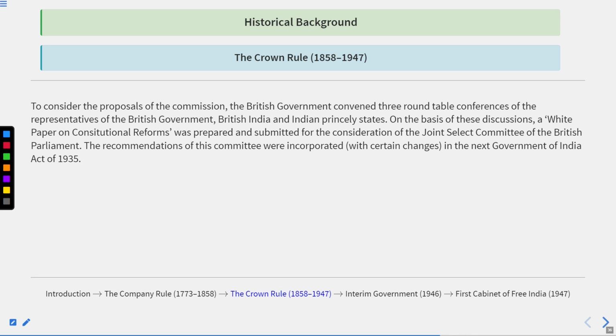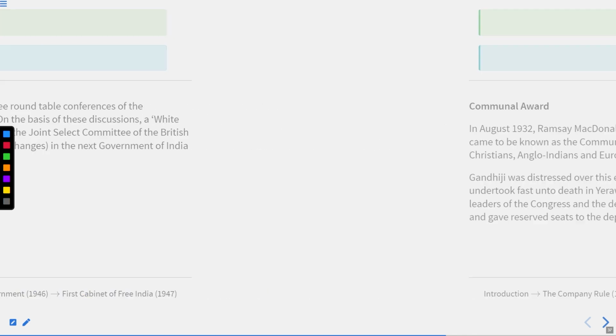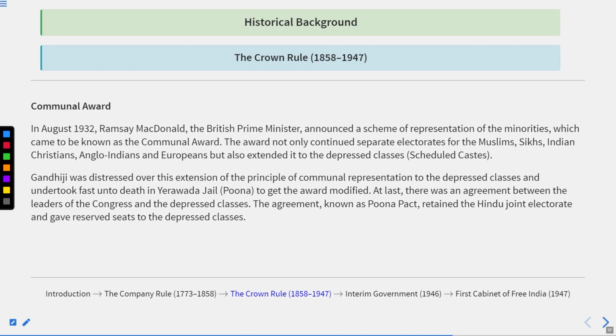On the basis of these discussions, a white paper on constitutional reforms was prepared and submitted for the consideration of the Joint Select Committee of the British Parliament. The recommendations of these committees were incorporated with certain changes in the next Government of India Act, 1935.